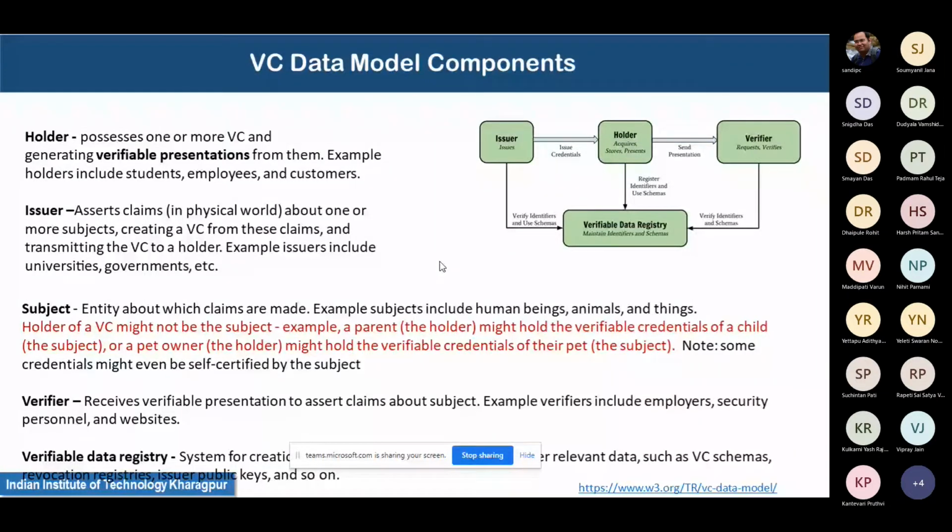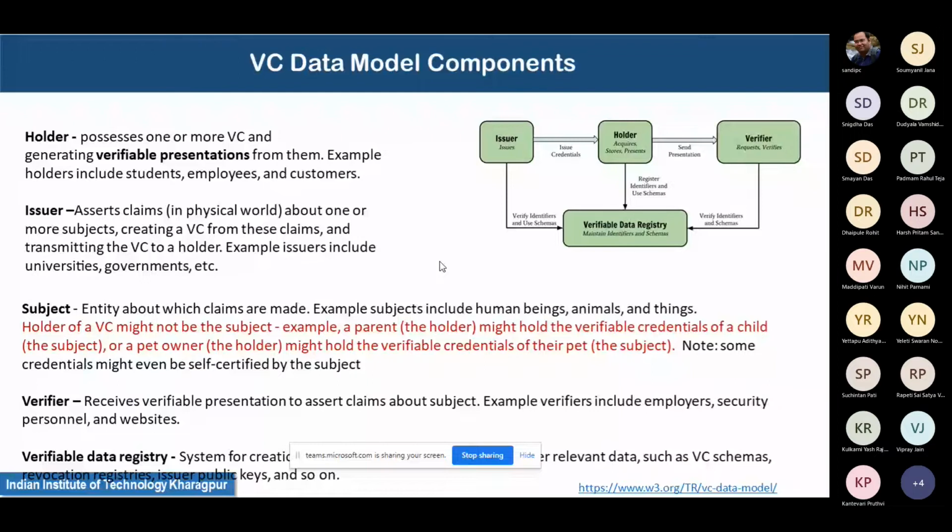So if the university asserts that, say, this person A was a student of the university in this department from 2018 to 2022, that is asserting a claim about a particular subject, say A or B, and so on.